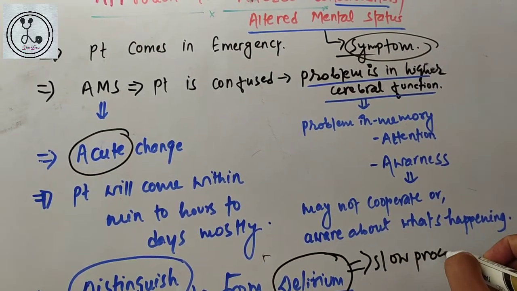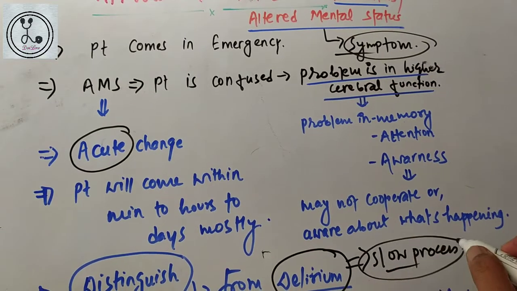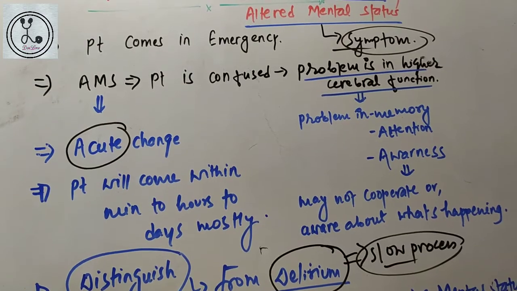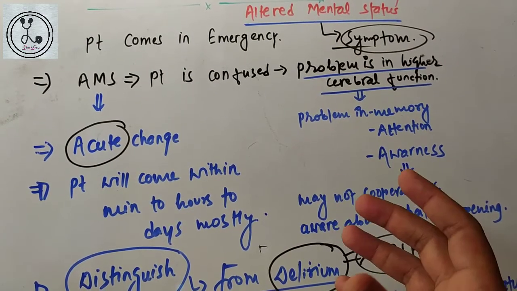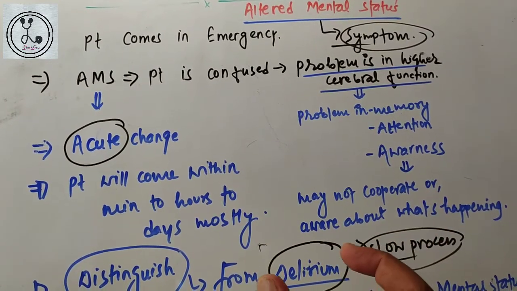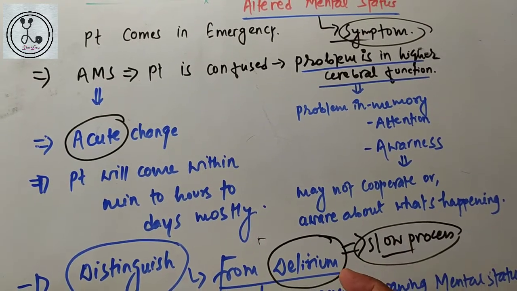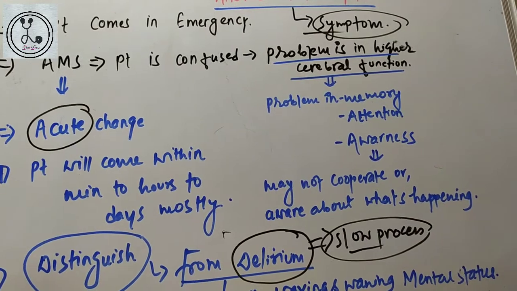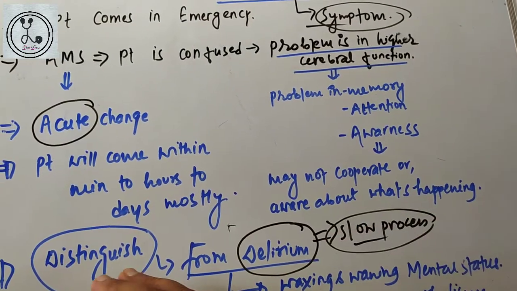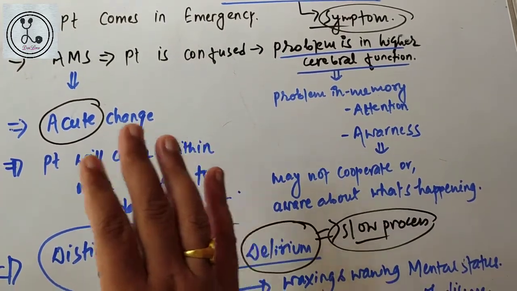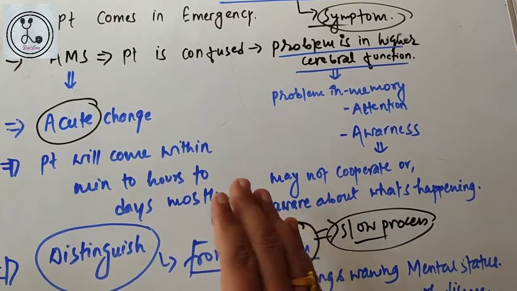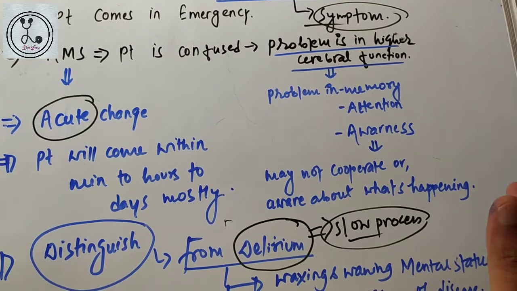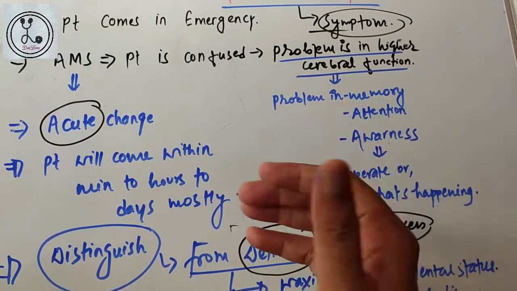It means the person has altered mental status, but it is not an acute process. Delirium is such that there will be waxing and waning of the altered mental status. The person will have some good days in which his consciousness is okay, and some bad days in which he has altered mental status or a problem in consciousness.